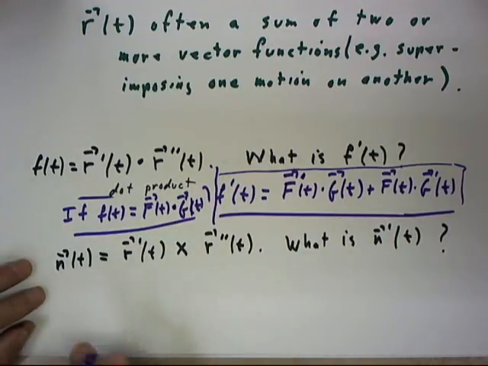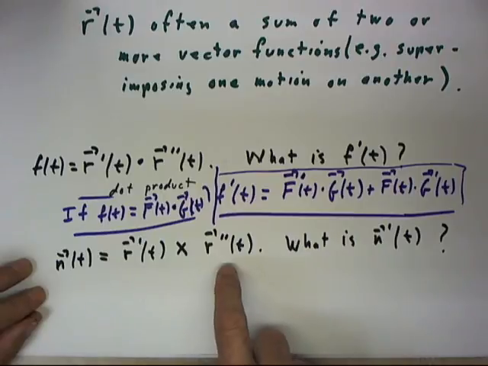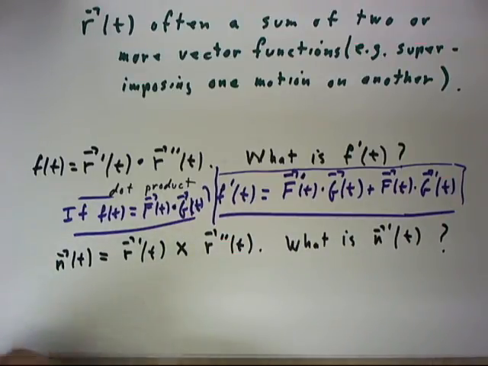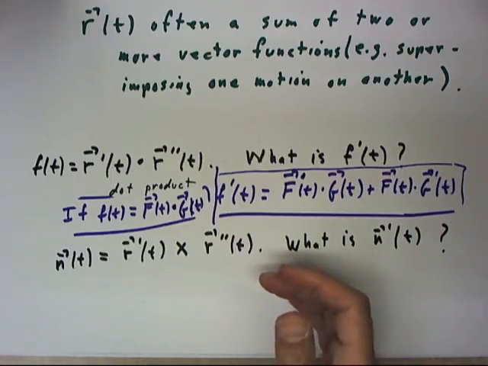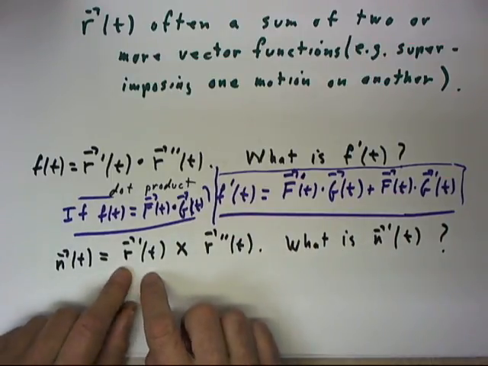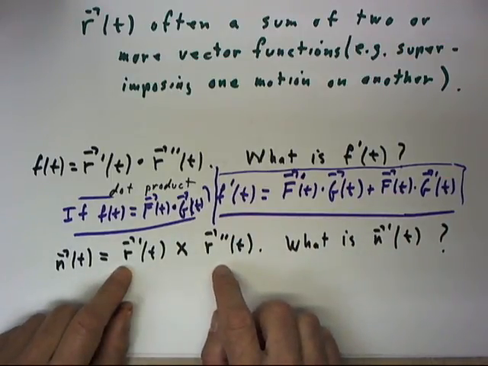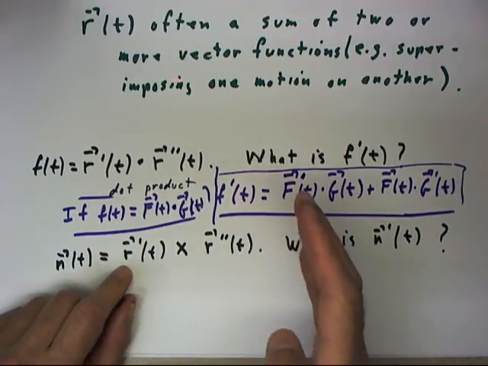Another one, we've got N of t equals r prime of t cross r double prime of t. For the example we just saw, r prime of t represents the velocity, r double prime the acceleration of something.